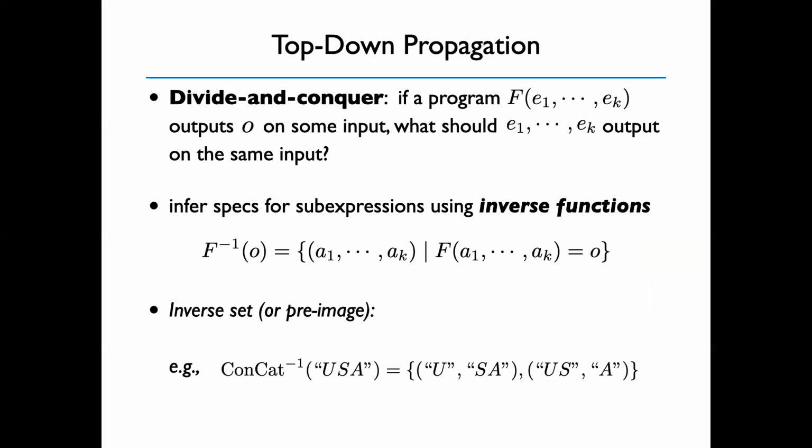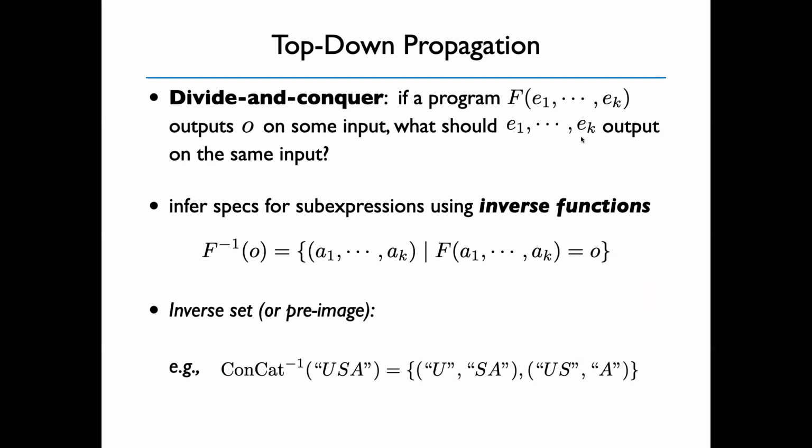In particular, it keeps answering this kind of question. After hypothetically deciding on the overall structure of the solution, for example, f of E1 through Ek, what are the input-output examples that should be satisfied by the unknown subexpressions E1 through Ek?